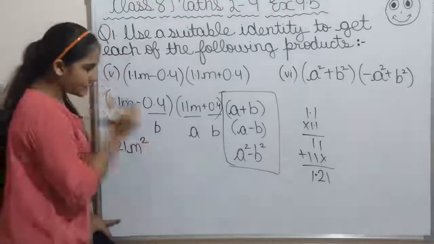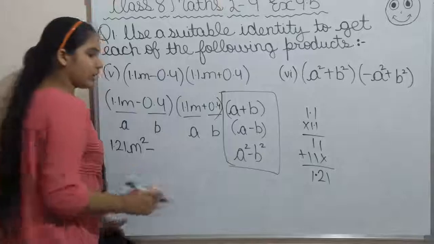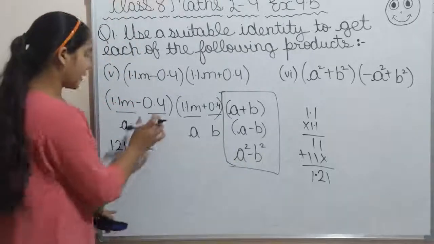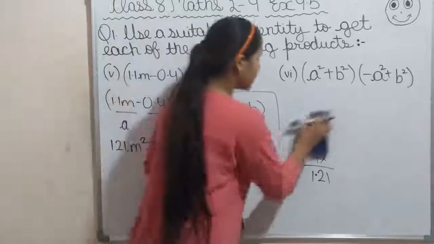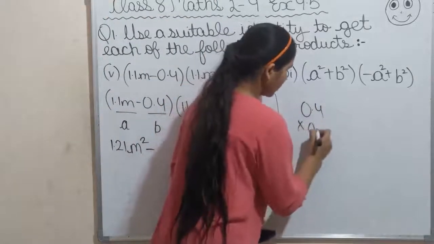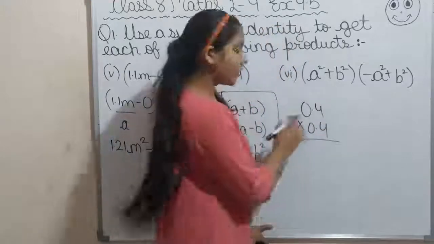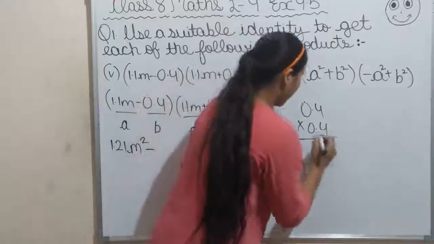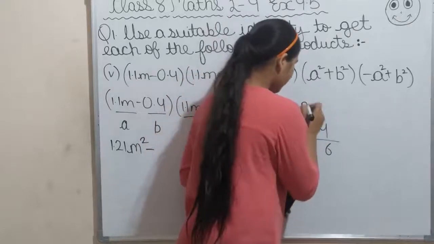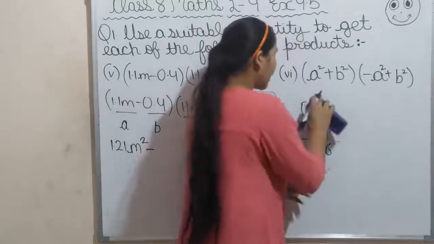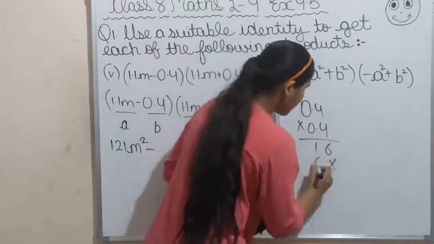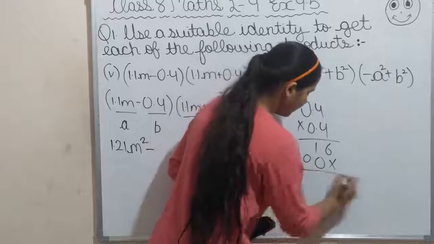Then with the minus sign, b square, which is this. Again we have to multiply 0.4 into 0.4. So 4 into 4 is 16, and the zero is written as it is. 16, then 0 into 4 is 0, and 0 into 0 again 0.